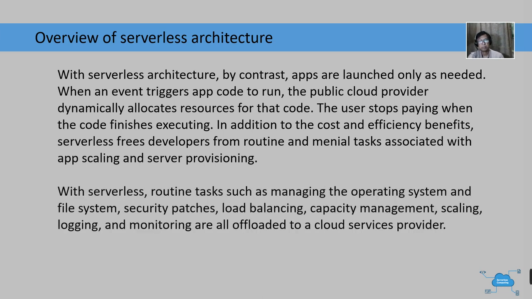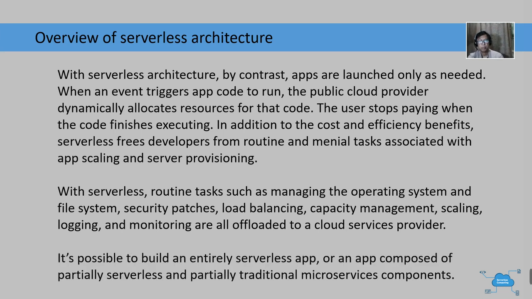With serverless, routine tasks such as managing the operating system and file system, security patches, load balancing, capacity management, scaling, logging, and monitoring are all offloaded to a cloud service provider.